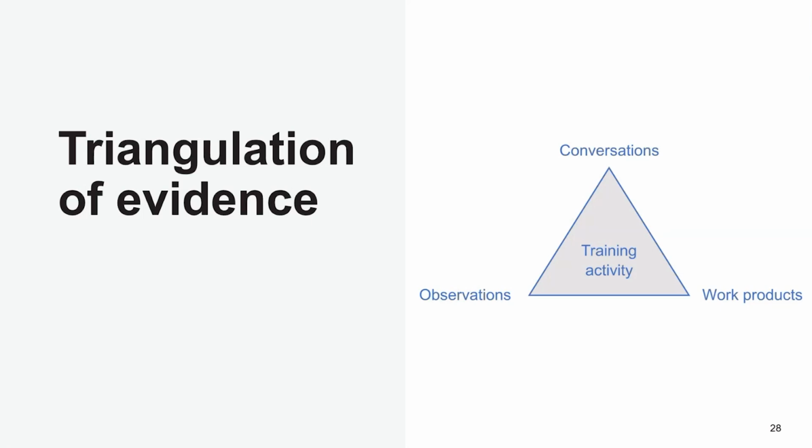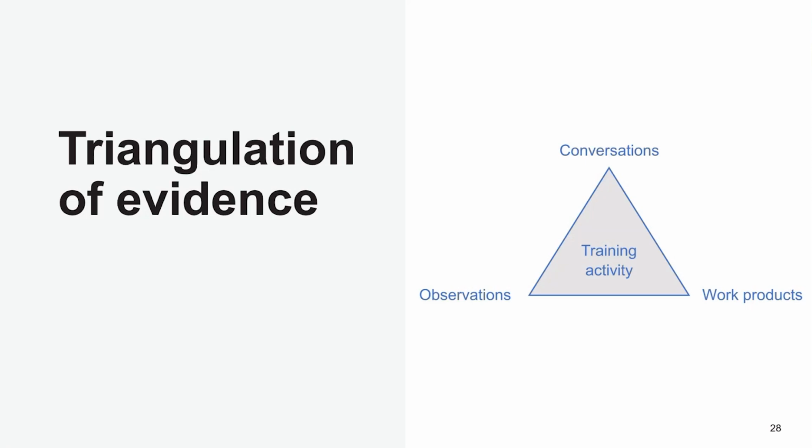So you need to provide evidence to show that you're able to undertake a training activity and that you've engaged in it. And one way to do that is through this triangulation of evidence. And this can improve reliability and validity of that evidence, because you're not asking one piece of evidence to do all the heavy lifting.